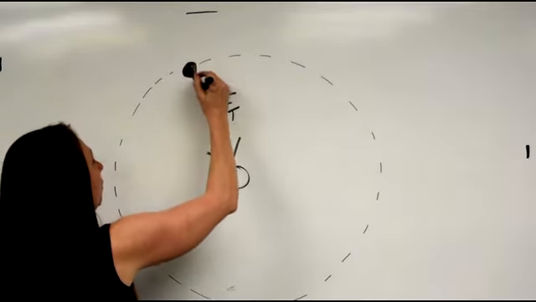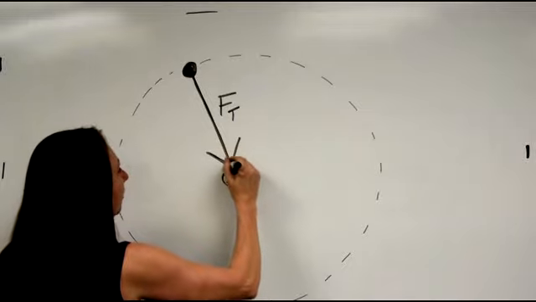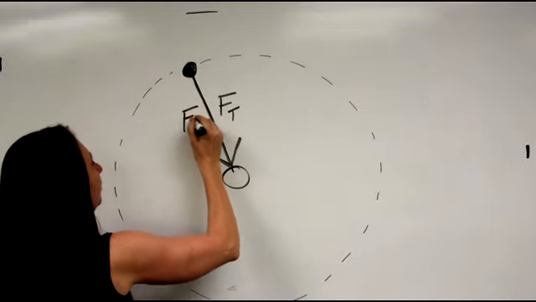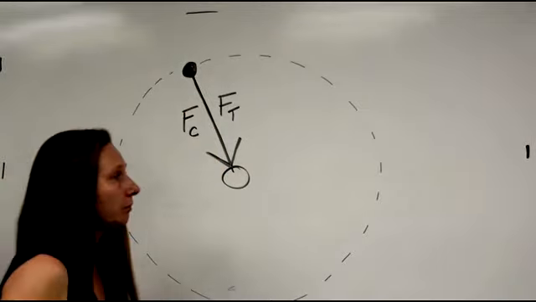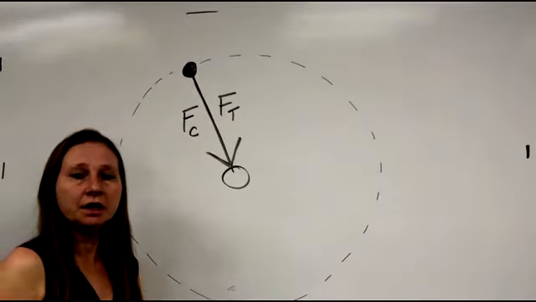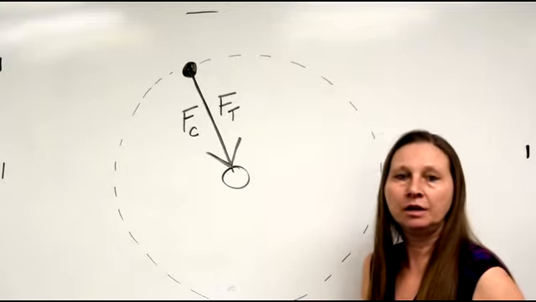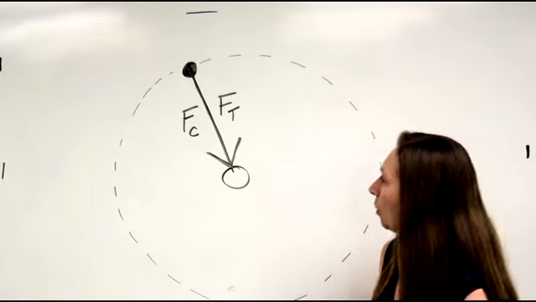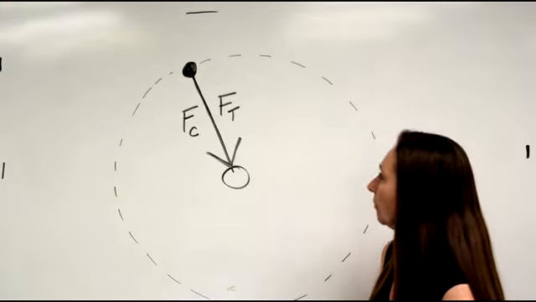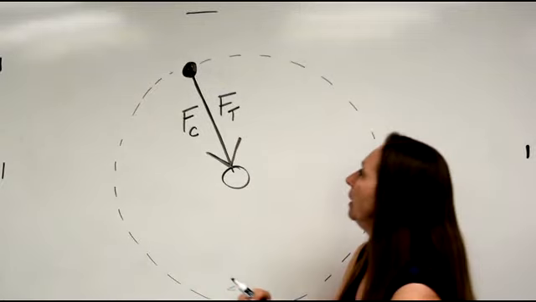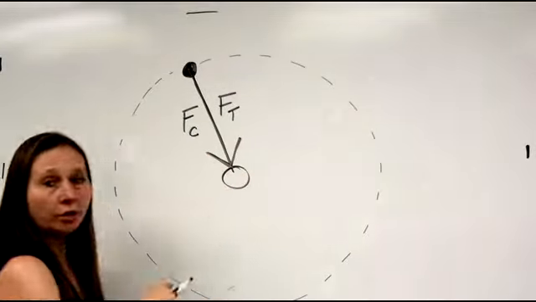The centripetal force is toward the center of the circle, Fc. Right, so this is an example of tension acting as a centripetal force. And by doing this, it keeps the rock going around in a circle.